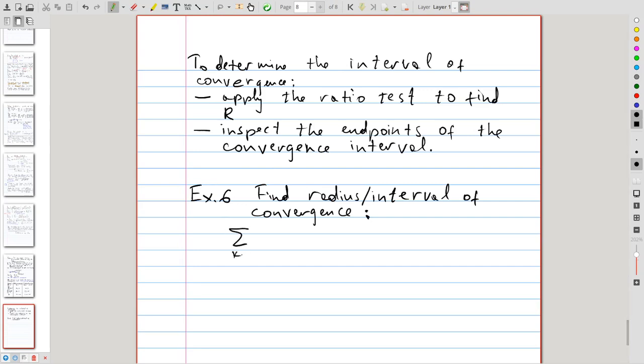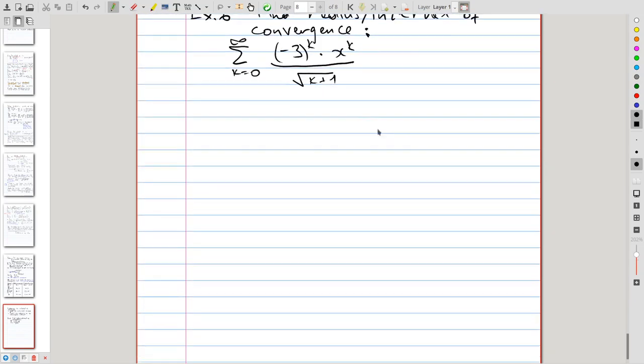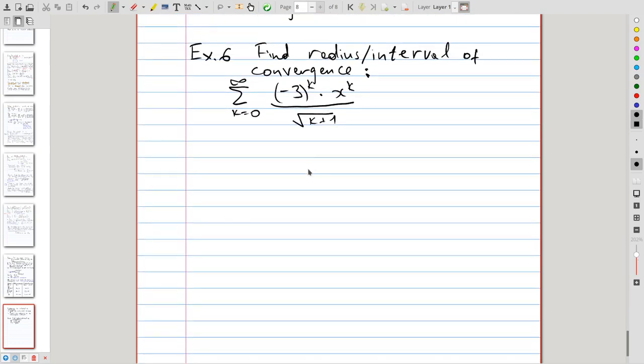Sum going from 0 to infinity, minus 3 to the k times x to the k divided by square root of k plus 1. According to the plan of actions here, we will first apply the ratio test to find out what r is.